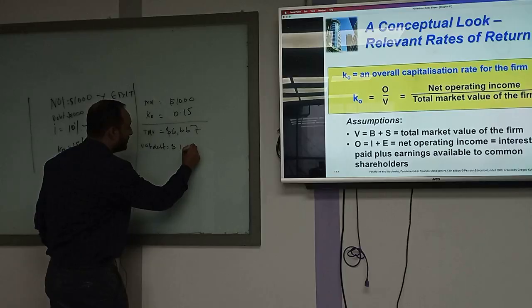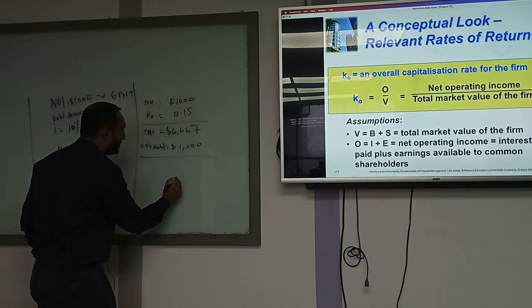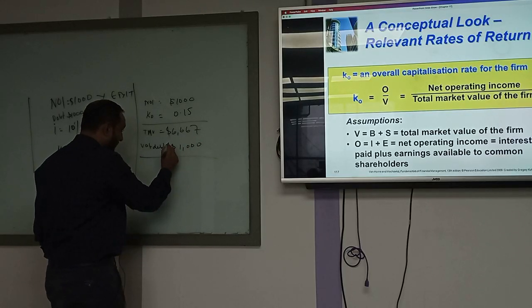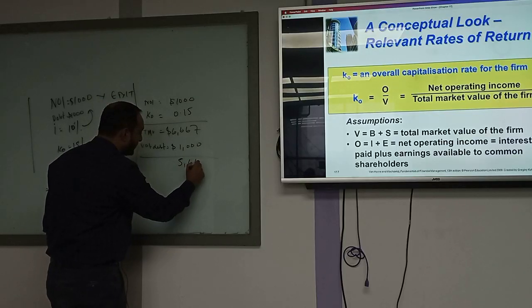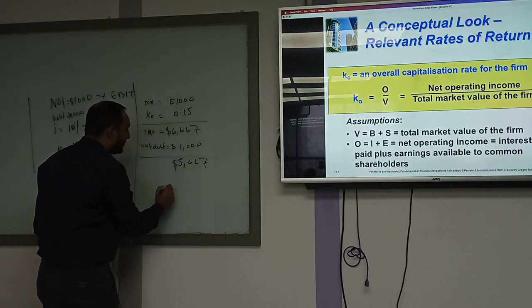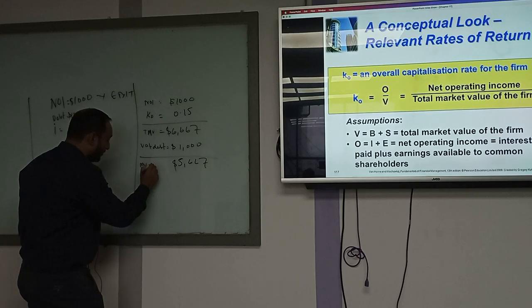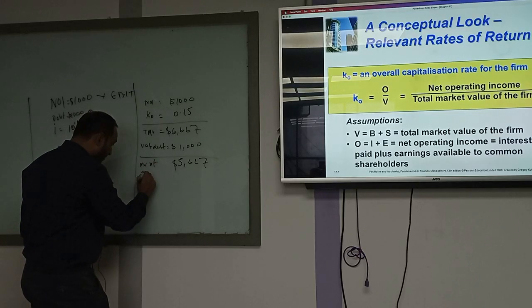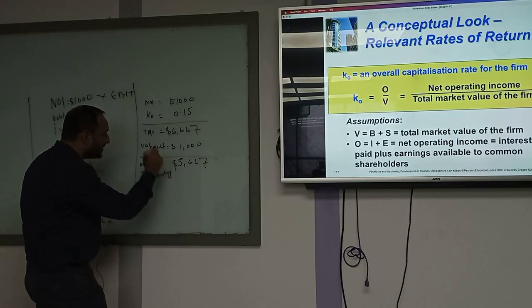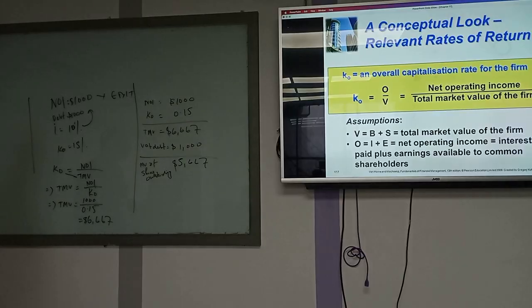So if I deduct this from the total market value, it will be $5,667, and that is going to be the market value of common shares outstanding. So the market value of outstanding common shares is going to be $5,667. Okay.